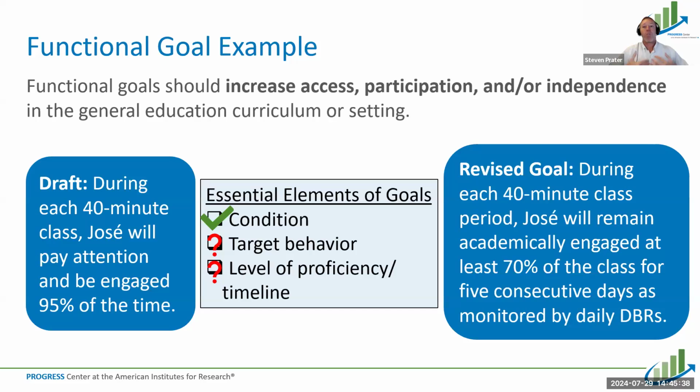Okay, so once you know that, then you can compare Jose to his typically developing peers and set an ambitious goal instead of just making up a random percentage like 95%. So 70% would only make sense if you actually observe other students in the classroom. How often are they typically academically engaged? And then use that knowledge to set the goal for Jose, so you can set a goal that makes sense with his same-age peers.